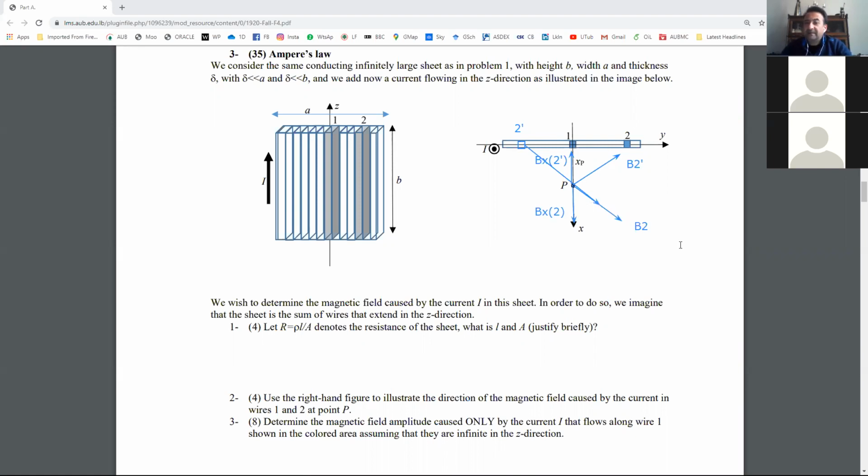Consequently, for each 2, I'm going to have a 2 prime. If I change 2 between 1 and L, the total contribution should be equal and opposite to the one which goes from 1 to the left of the sheet. Is this clear for everyone?